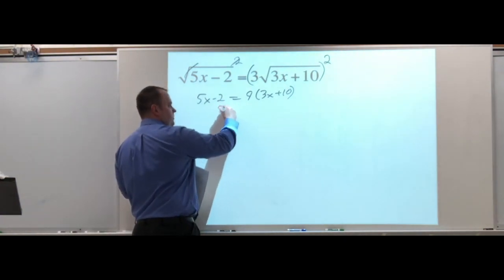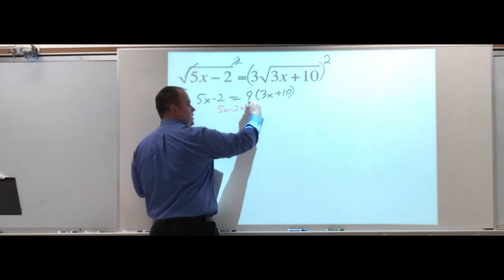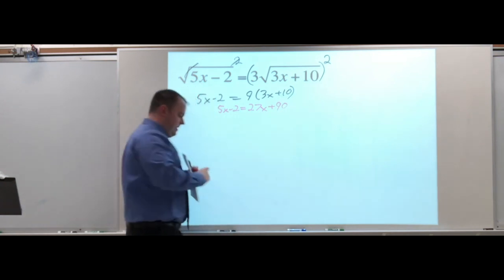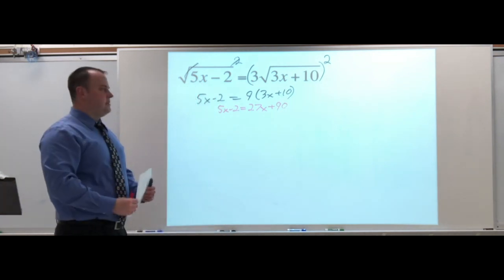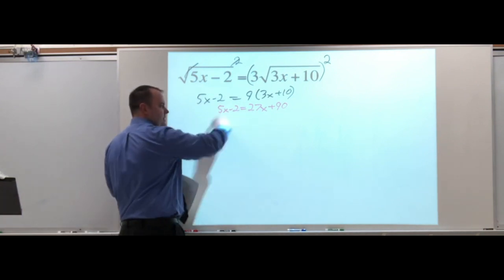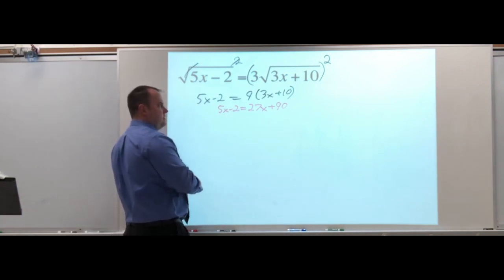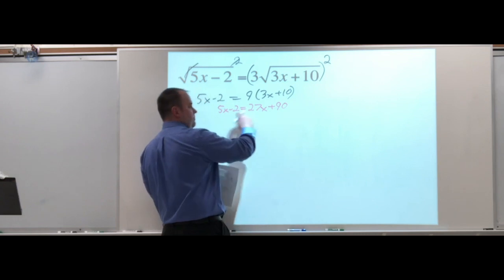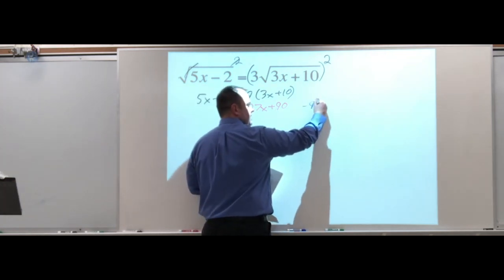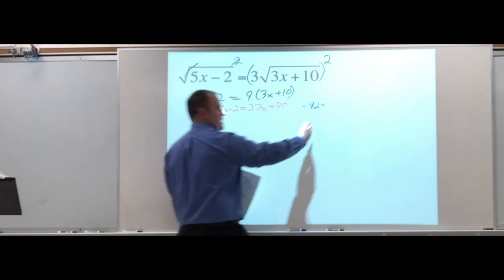5x minus 2 equals 27x plus 90. Okay? And now it's just basic solving a linear equation. Bring the x's to one side, bring the constants to one side. If we do this, if I subtract my 5x, subtract my 90, you get negative 92 equals 22x.